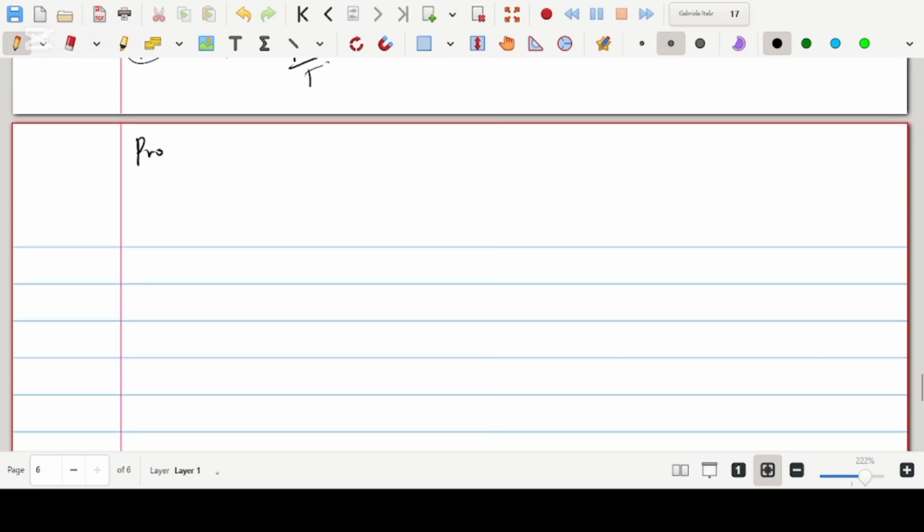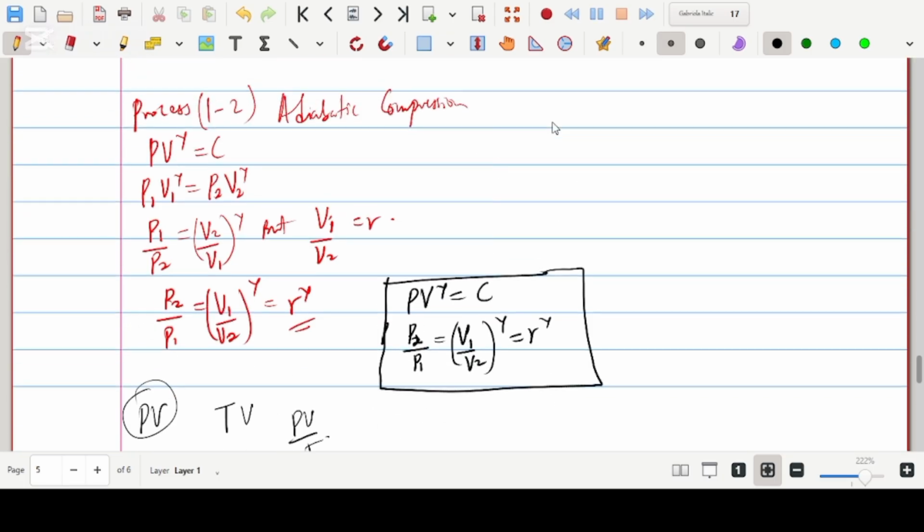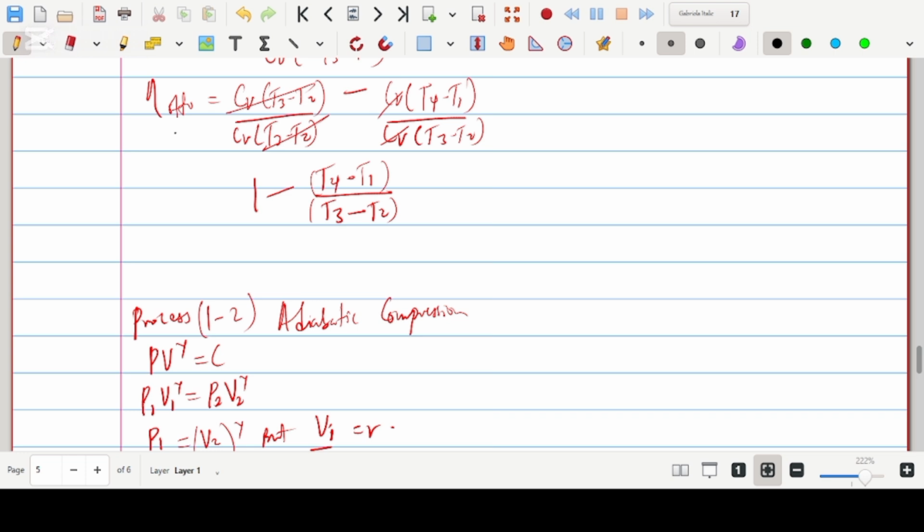So here now, process 2 to 3 is heat addition at constant volume. Before we even proceed, there are still more formulas to this process 1 to 2.